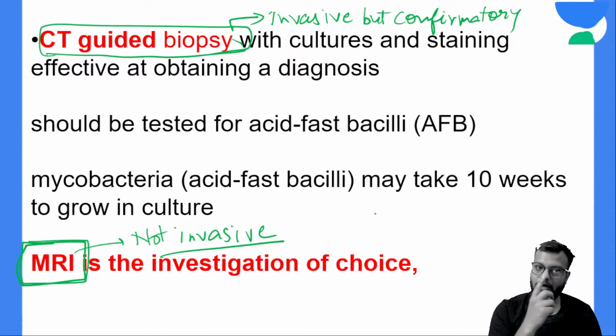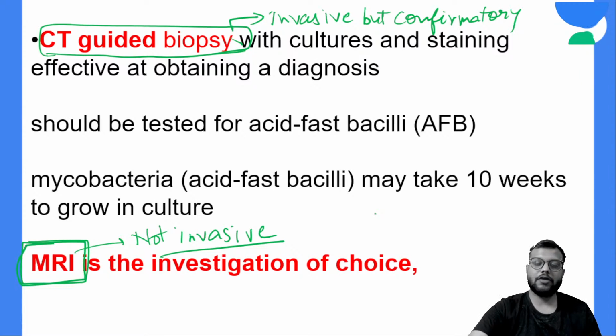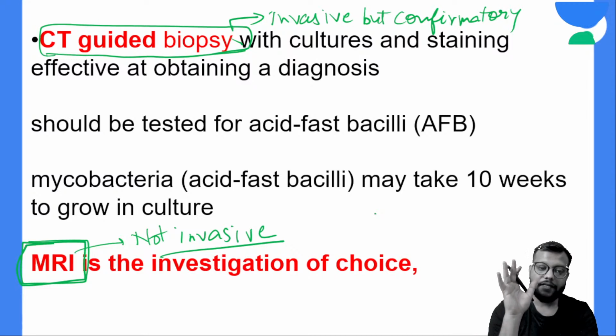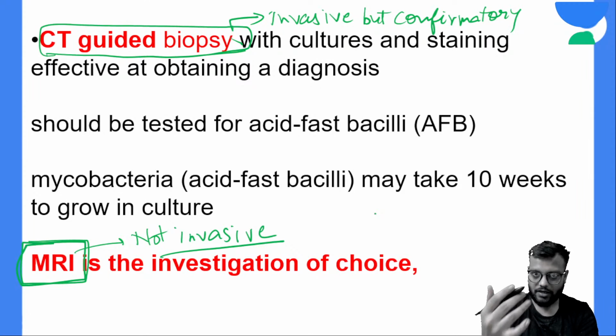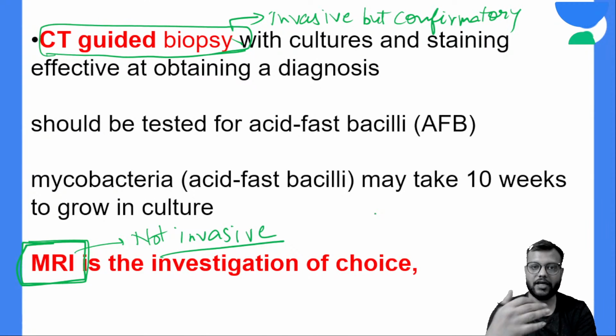Okay, so if anyone asks you which is the investigation of choice, if such a question comes, then the investigation of choice even in case of a Pott spine will be your MRI. But if there is a history of a Pott spine given, and then the question is like what is the next step of management, or what will you do next, then you will have to go for the CT guided biopsy for the confirmation.